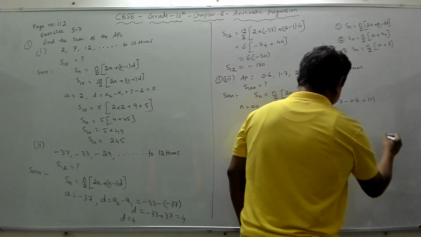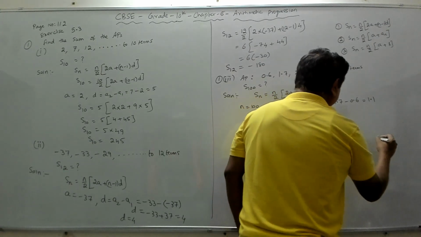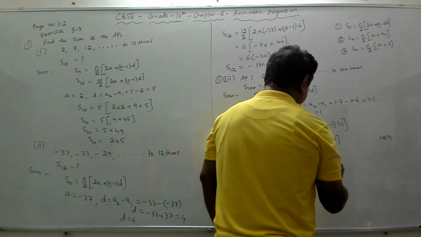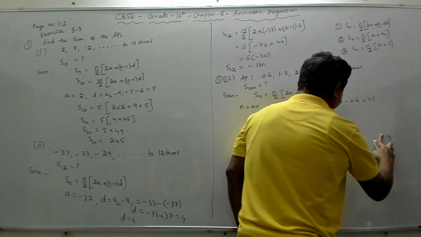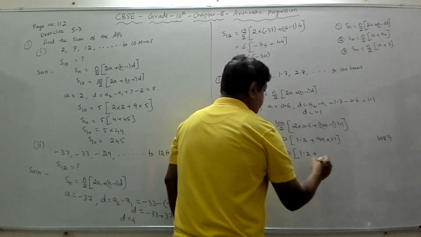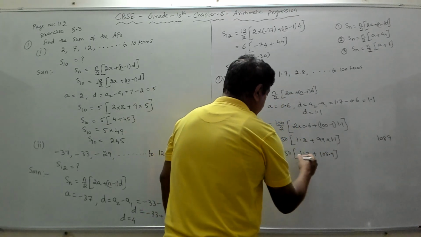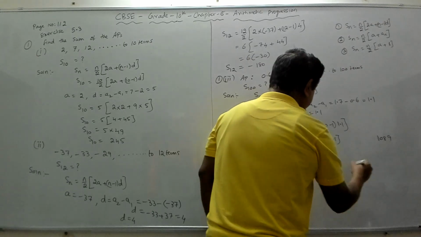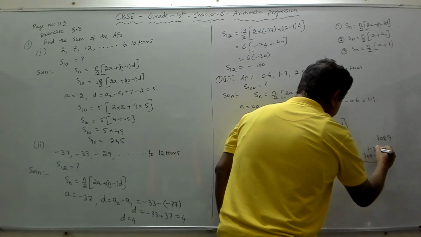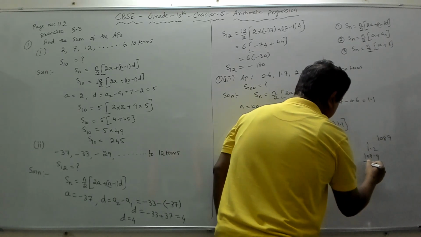11 nines are 99, carry 9, 11 nines are 99 plus 9 is 108. So you get 108.9. Now if we add both, 1.2 and 108.9, you get 110.1.